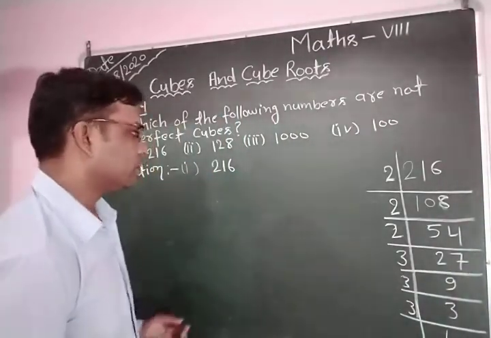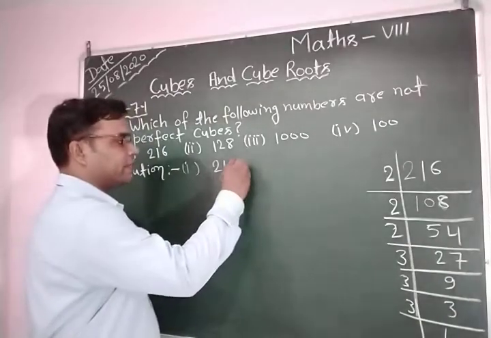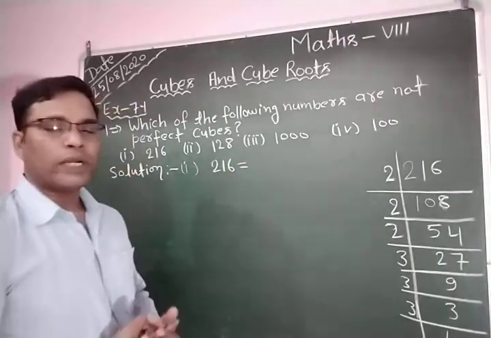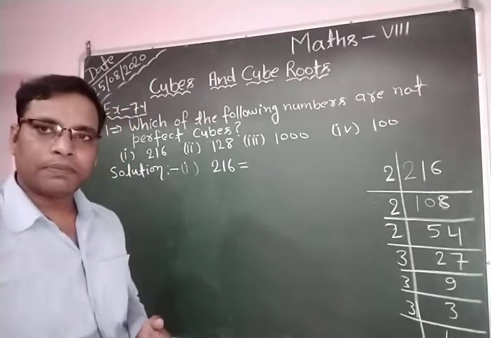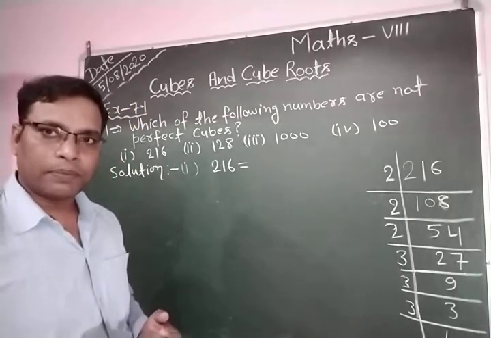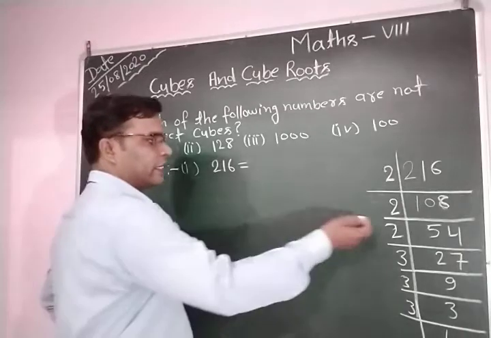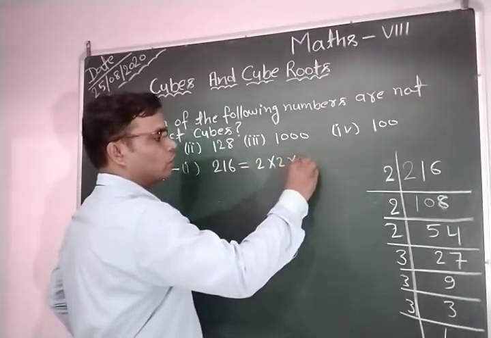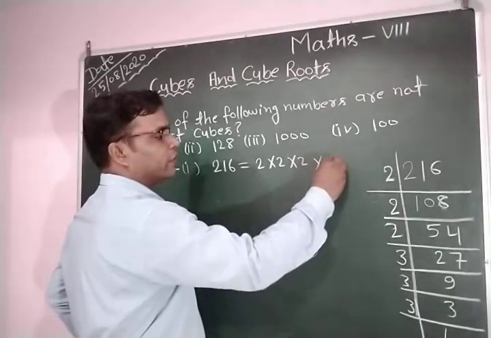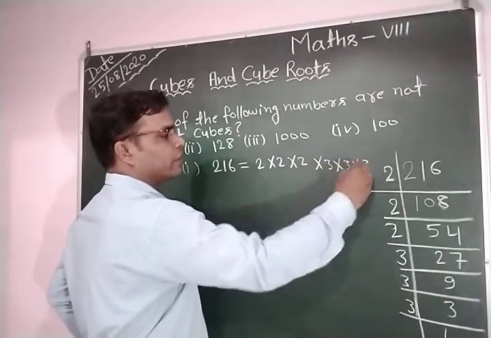Here we can express 216 in the form of a product of prime factors. So you can write here 2 into 2 into 2 into 3 into 3 into 3.